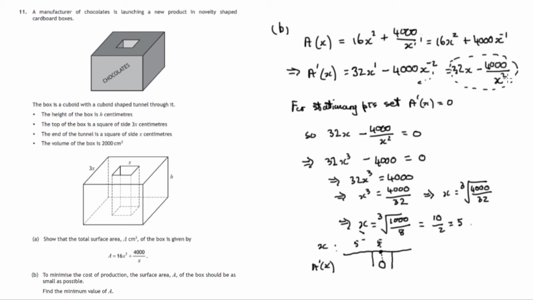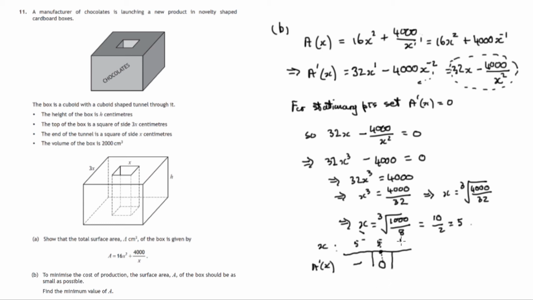So if we're making this value smaller than 5, because we're dividing it into this, it'll go more times, so we'll be subtracting a larger number from this 32x, so we will get a negative value. Check on your calculator, put 4 into this, and you'll discover a negative value.